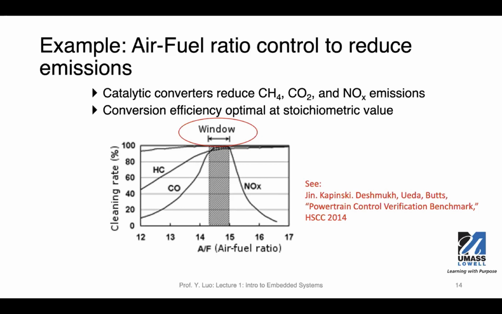The engine has catalytic converters that can reduce CH4, carbon dioxide, and oxide emissions. And the conversion efficiency can reach optimal at this stoichiometric value. So there's a narrow window for the air-fuel ratio in order to achieve this optimal efficiency level.